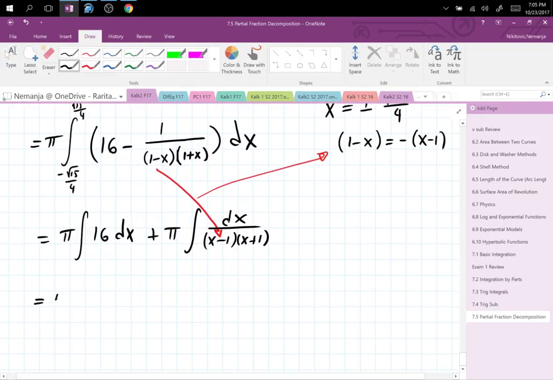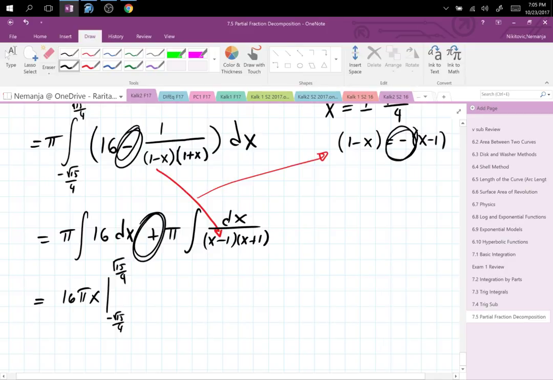So now integration is 16 pi x computed from negative root 15 over 4 to positive root 15 over 4. This negative? Because this negative and the negative from the, right, they combine.